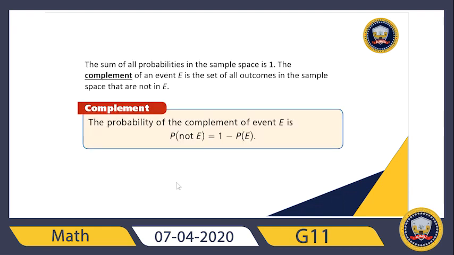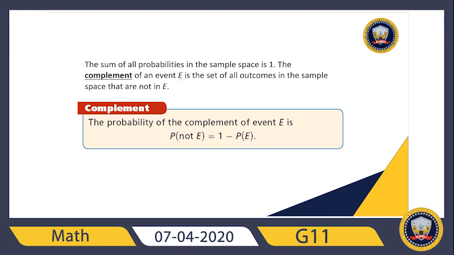In this class, we will talk about the probability of the complement of an event. So as we said, guys, we have a sample space, and we know that the sum of all the probabilities in a sample space is 1.